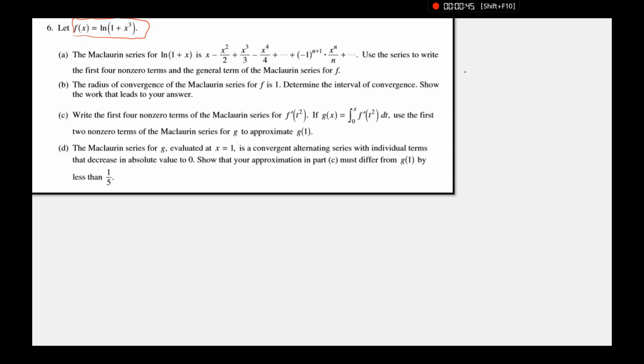Okay, the first thing they want us to do is to write the first 4 terms and a general term for the function f, if we were going to approximate it with a Maclaurin series. What would I have to do?